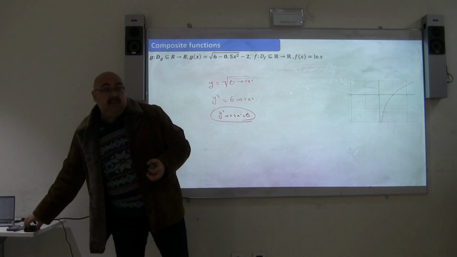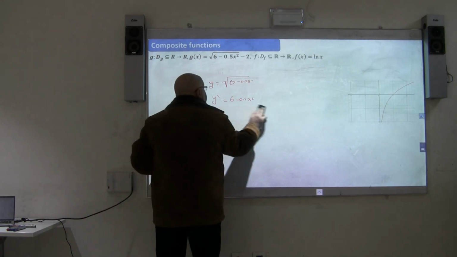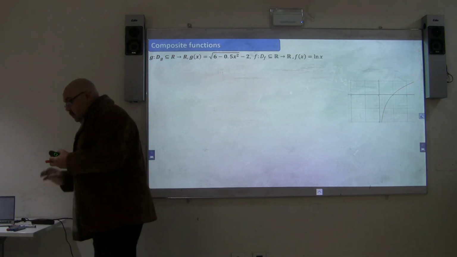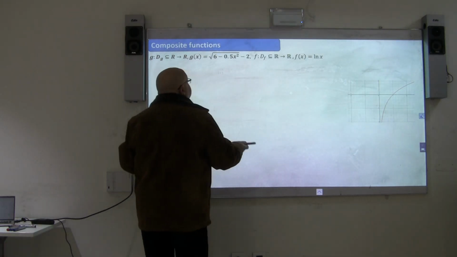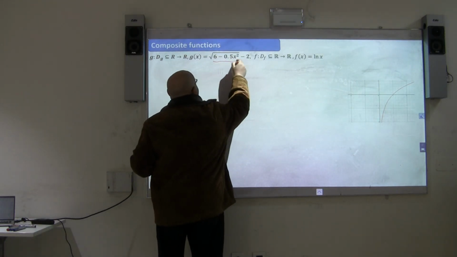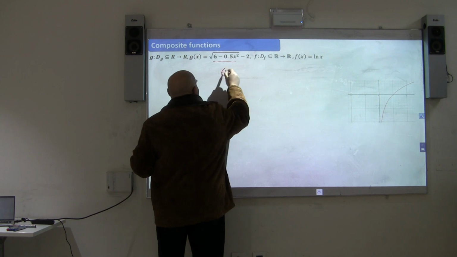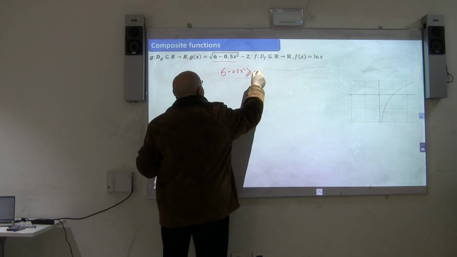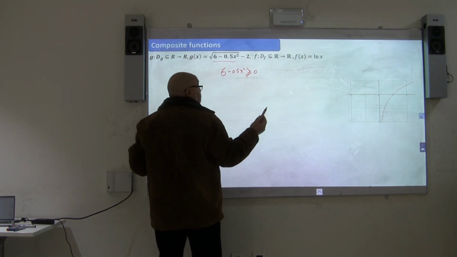From the previous lecture, what should we do to get the domain? I will have to see the condition. What's the condition here? The condition is 6 minus 0.5 x squared must be greater than or equal to 0. Right?